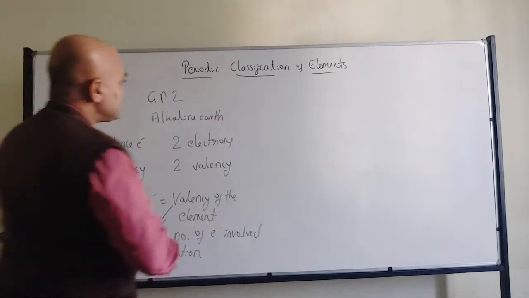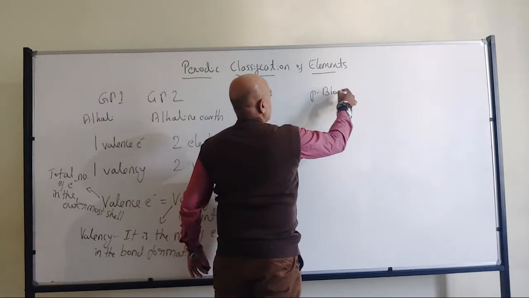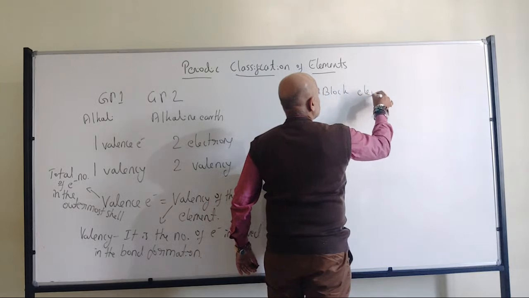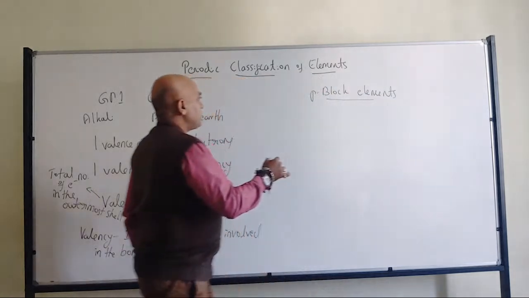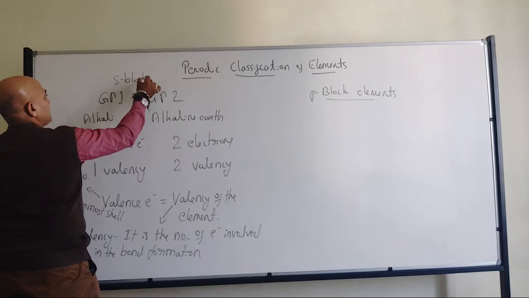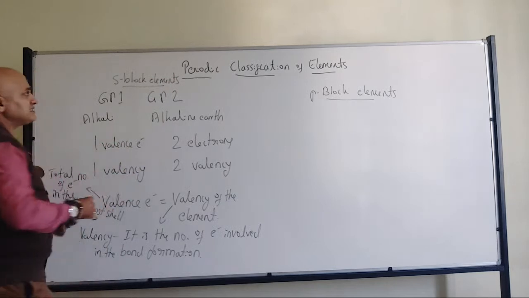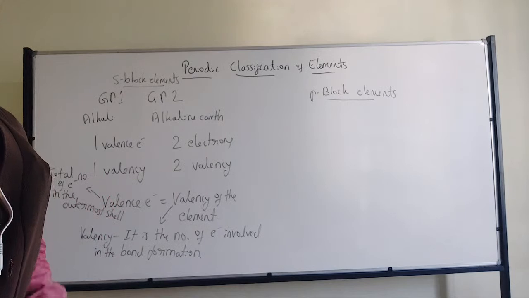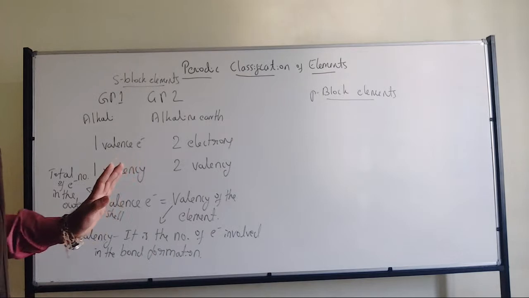Okay? So next, when I am talking about P block elements, please remember that D and F we are not going to discuss. Because S block and P block elements are called representative elements, if you recollect. D and F we will discuss next year in the second period.